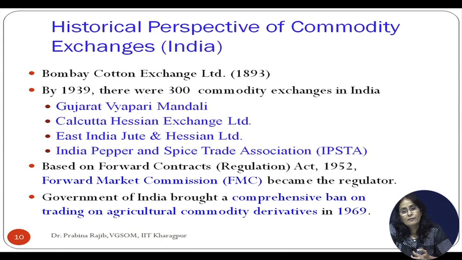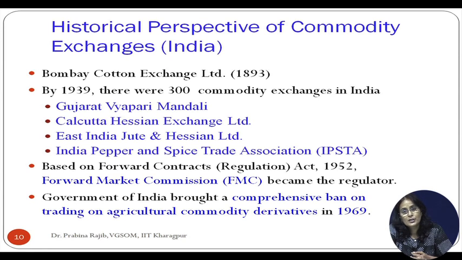However, because of various historical reasons prevailing at that point of time, Government of India brought in a comprehensive ban on trading of all agricultural commodity derivatives in the year 1969.